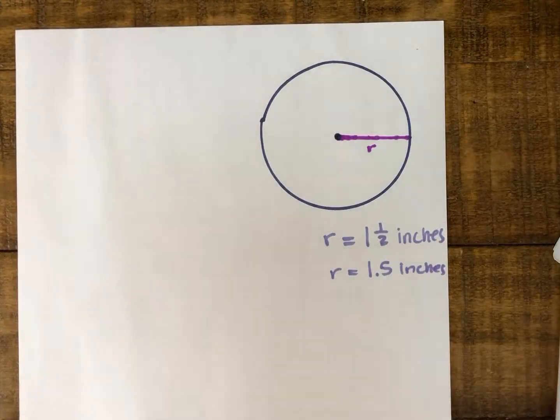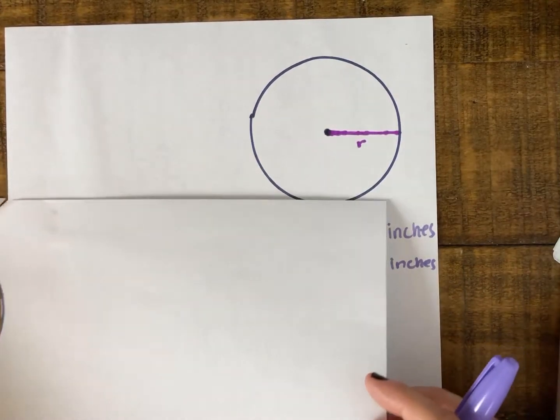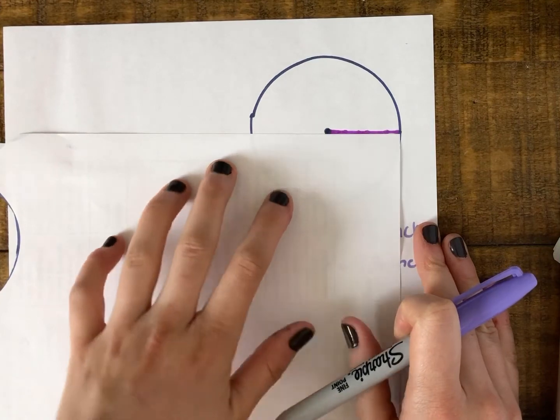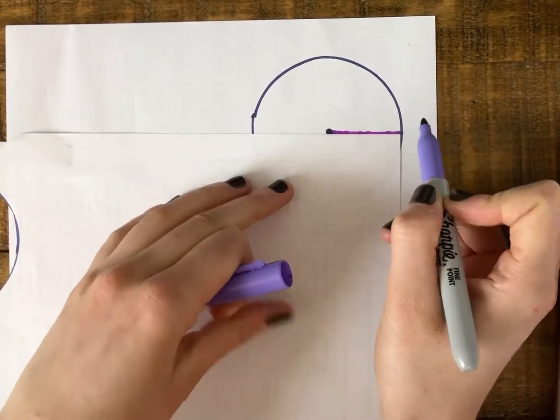On the activity, you used units of the size that were given to you, but here, I think the best thing to do is look at square units in terms of our radius. So what we're actually going to do is make squares that are our radius by our radius.